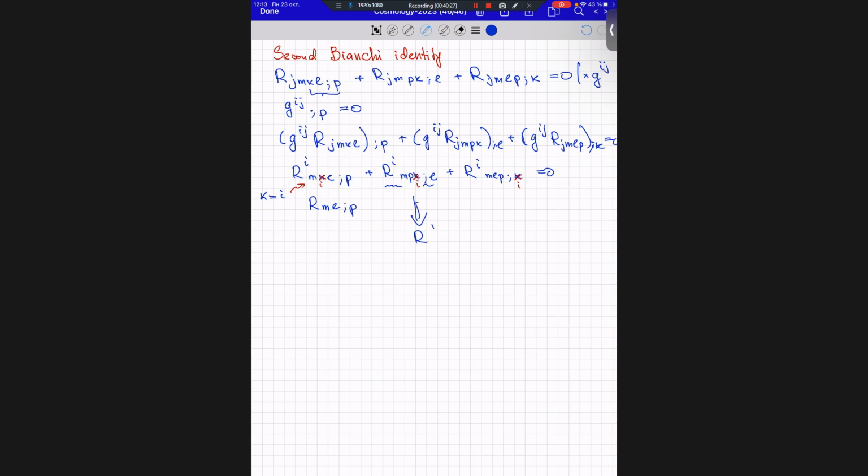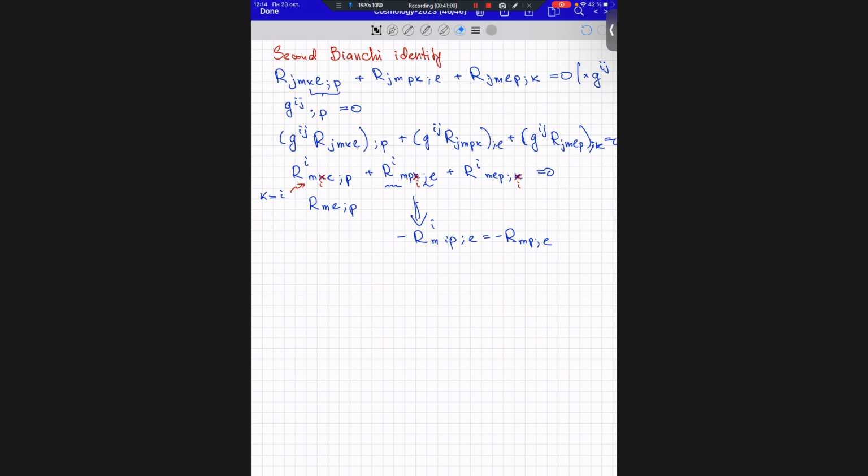I can make a permutation of the indexes, a permutation of the two last indexes. It means that it will be minus. And after this, I can create the Ricci tensor R_{MP} covariant L.